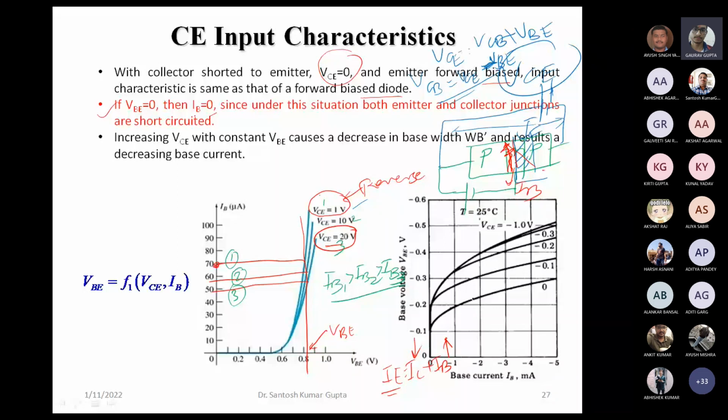IB will be equal to 0, since under this situation both emitter and collector junctions are short circuited, so there will be no base current if VBE is equal to 0 and VCE is also 0. Whereas increasing VCE with constant VBE causes a decrease in base width and results in a decrease in base current. That we discussed just now.